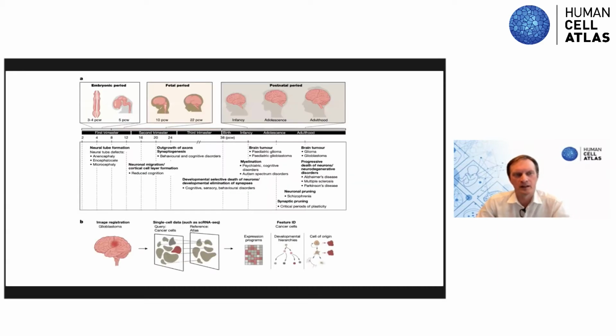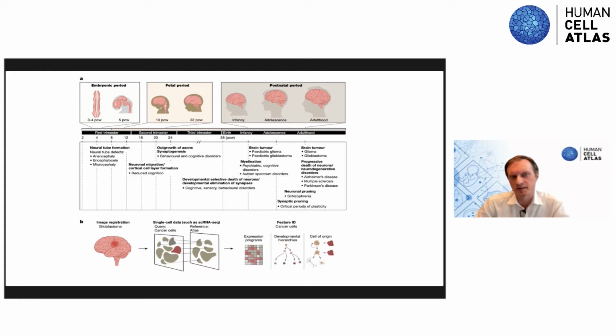But first, I wanted to start with this slide that goes back to the justification of why we're doing this: why are we making a developmental cell atlas? There can be many reasons, but for me, a developmental atlas is really meant to be a reference for studying human disease. In this slide, I'm showing the example of brain development and brain disorders, and it's very obvious.